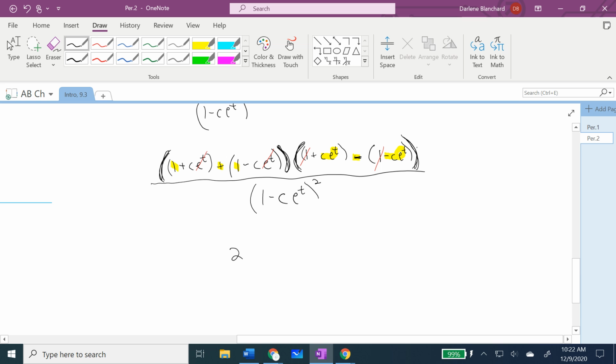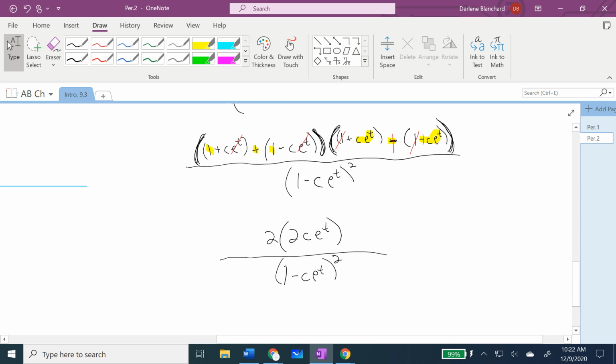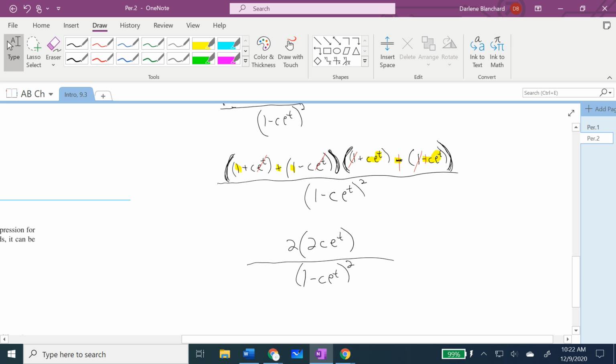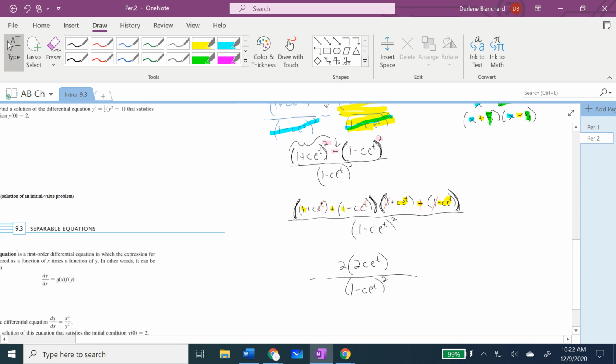This second factor, when I subtract the negative, I now have c e to the t plus c e to the t, giving me 2 c e to the t. And that's what I wind up getting for that second factor. And this is about as simplified as I'm going to get it. And now it's time to go back to where that came from.